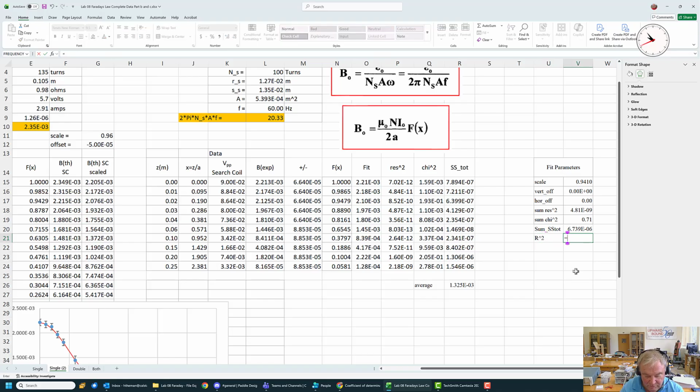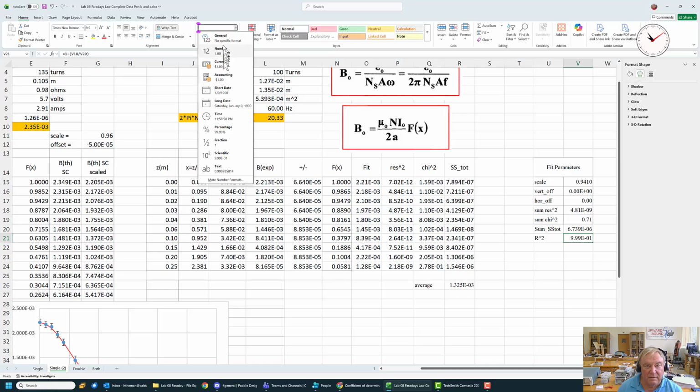And now we have R squared. This equals 1 minus, I'm using parentheses just to be safe, the sum of the residual squared divided by the sum of the total. And then close it, and that's pretty darn good.